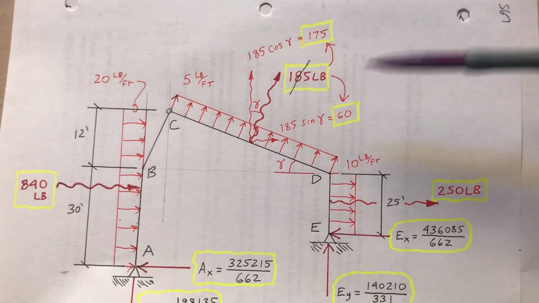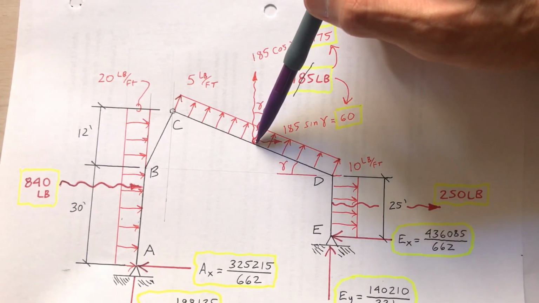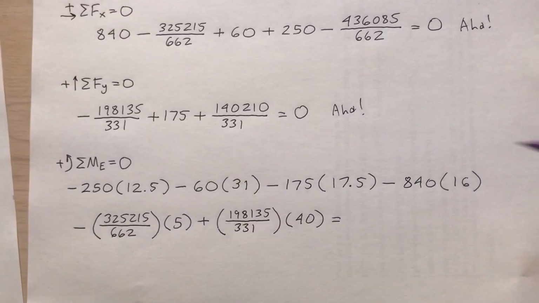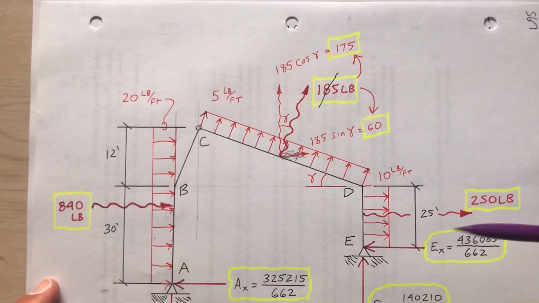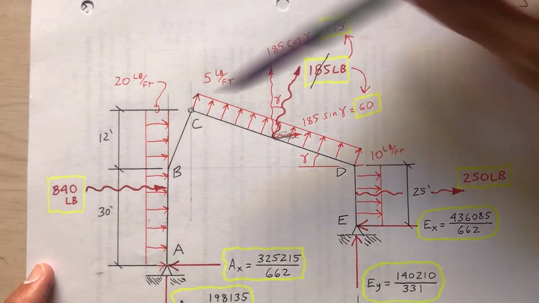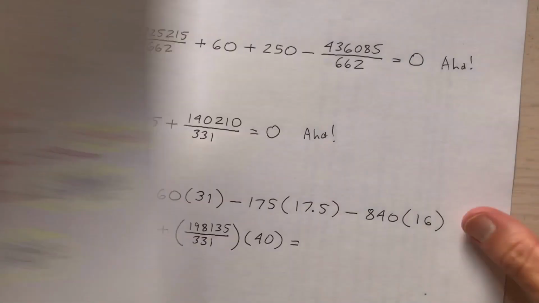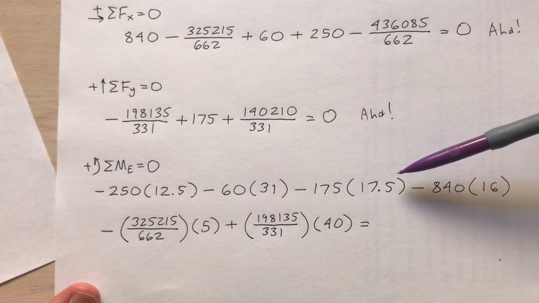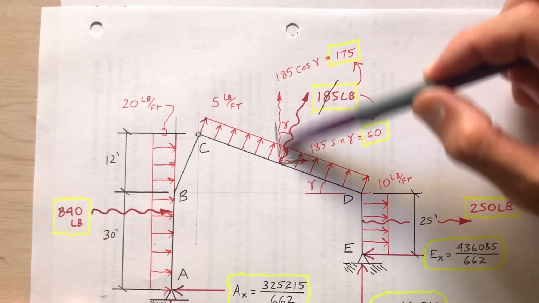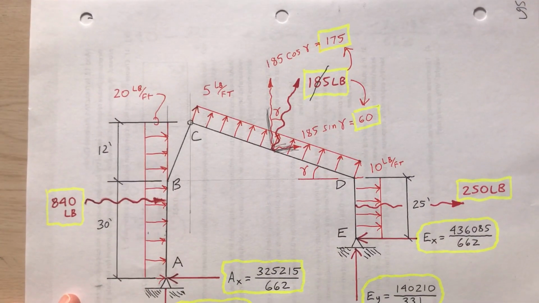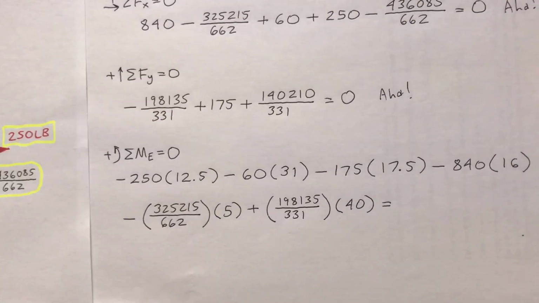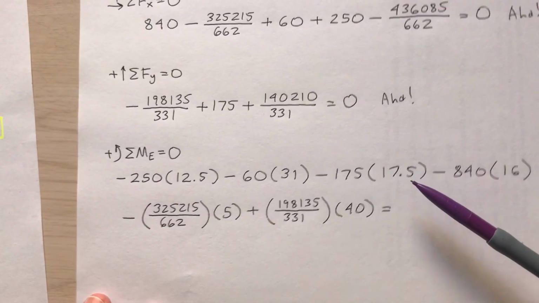The 60 is referring to this right here, acting along there. That's 60 pounds. Where am I getting the moment arm of 31? 25 here, plus another 6. 6 is half of 12. Then what? 175 times 17.5. That'd be this one. 175. What is half of 35? That's the moment arm, the 17.5.